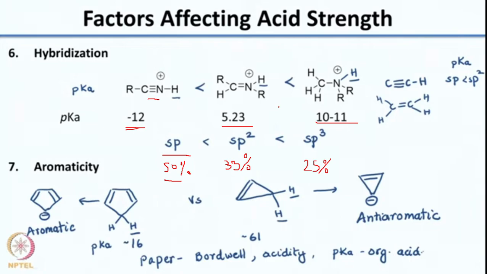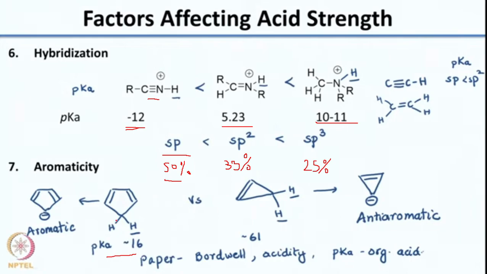Now talking about the seventh factor, that is aromaticity. Suppose you have an acid and the conjugate base of that acid is more stable, more aromatic compared to the acid. That means that acid has a lower pK value. Talking about this one, this is an acid.